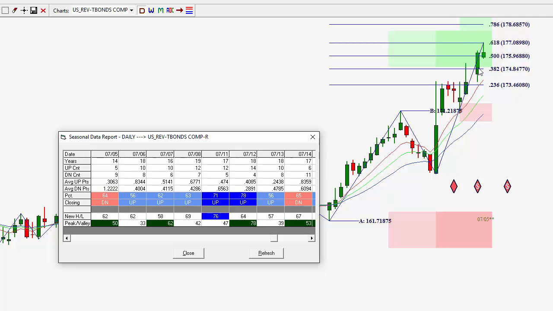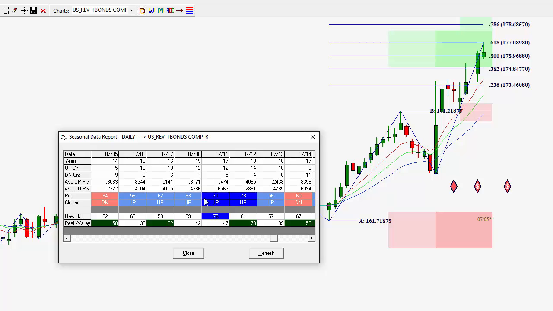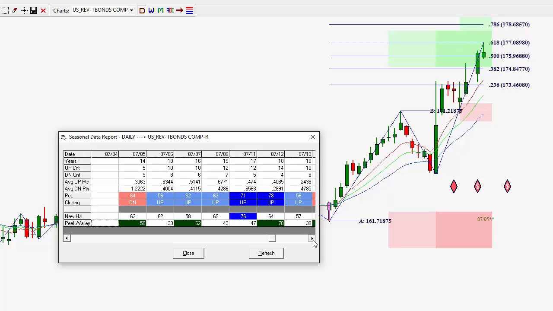So the bonds are not following the seasonal tendency, because if it was, it would have been bearish in recent days, as you can see here, and we would now be looking at a bullish run following the July 4th weekend. But, well, we could still have bullish, but it's just not following the historical script here as far as leading up to July 5th.